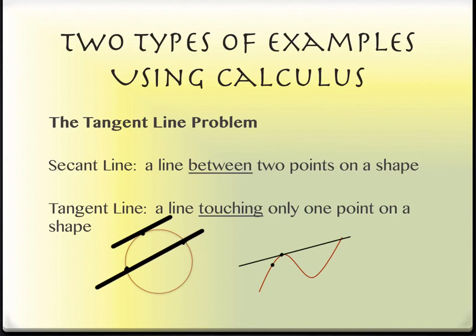So it isn't so much about it never crossing back through the shape. It's more about the fact that nearby this point, the slope of the line that you're drawing and the slope of the curve seem to be approximately the same. If you were to zoom in on your calculator and look really close, the line and the curve would look almost identical. That's what we're looking at when we're looking at a tangent line.